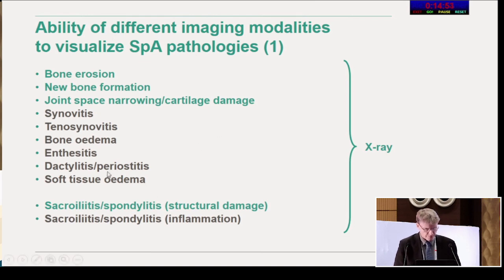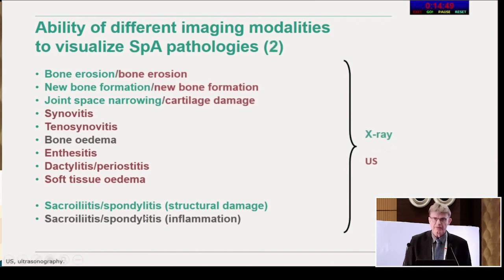We have, on the other hand, the axial component. There you can see changes in the sacroiliac joints, and you can see it in the spine, but only the structural changes, and at a fairly late stage, showing the result of previous inflammation, and the inflammation you cannot see.